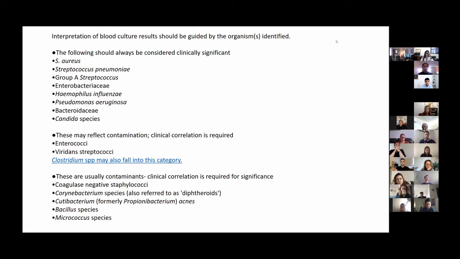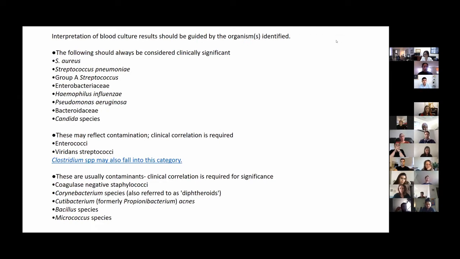I think the last two, Bacteroides and Candida, maybe Bacteroides is underappreciated, and Candida, I think now we are pretty cognizant of the fact that it is a pathogen and has to be taken seriously, mostly because nowadays we have so many more immunocompromised patients and we're using so many more catheters, but they're not to be dismissed.